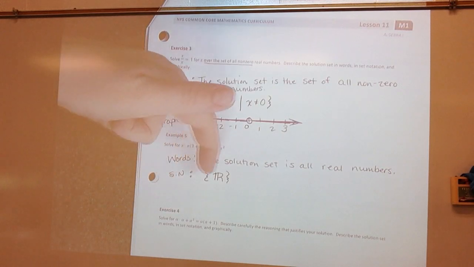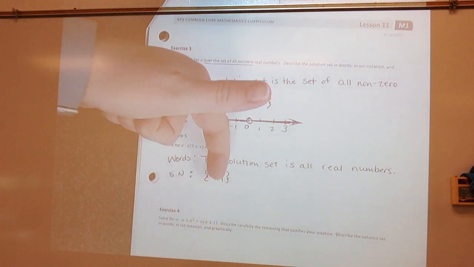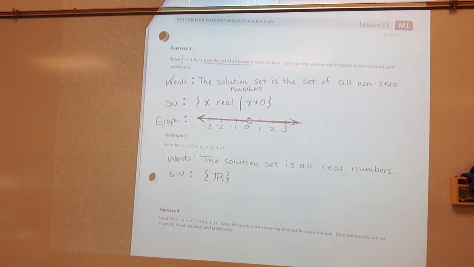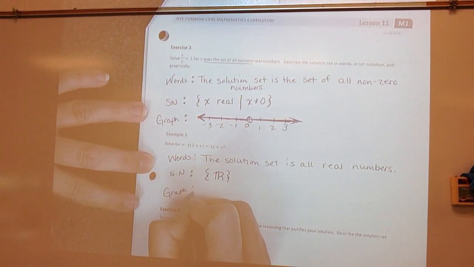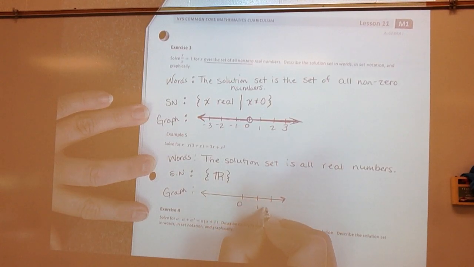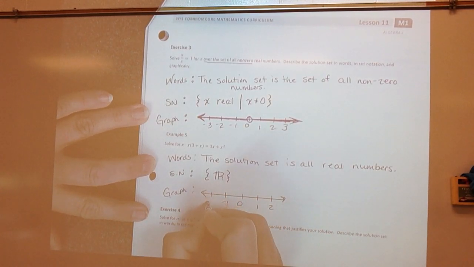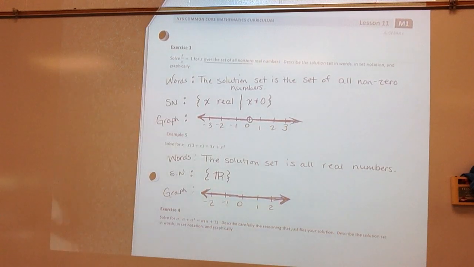And it's just a double vertical bar as a capital letter. Okay? So this tells me that all real numbers work. And then if I were to look at it on the graph, like I said, guys, it would be everything. Okay? It would be everything.